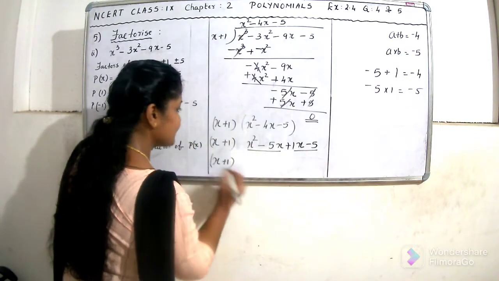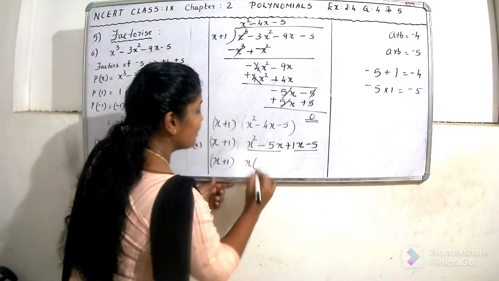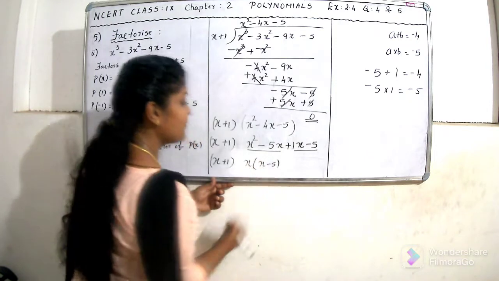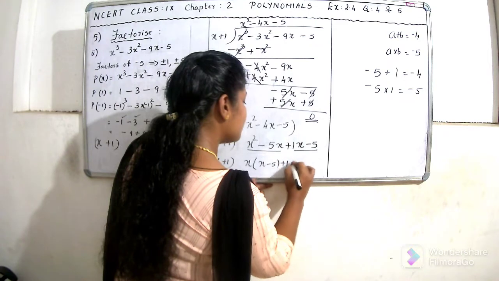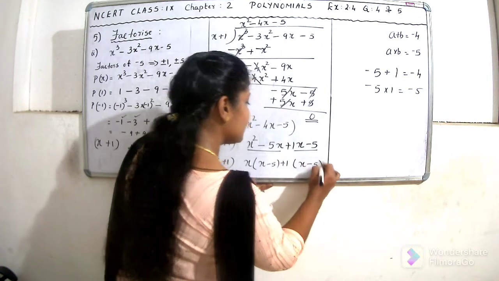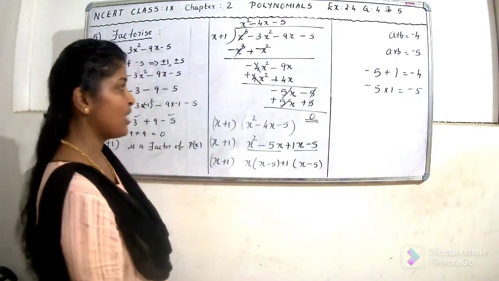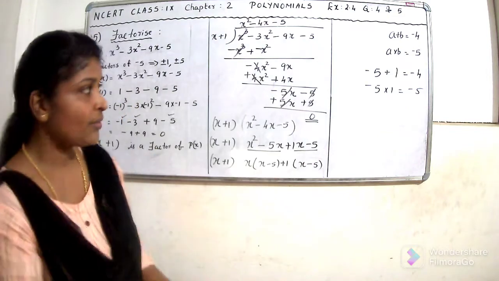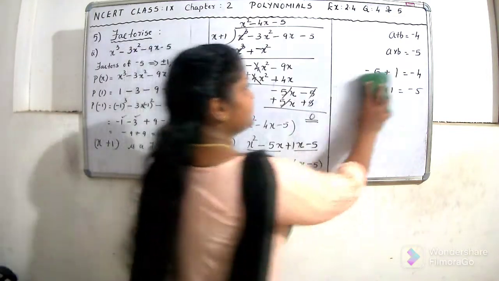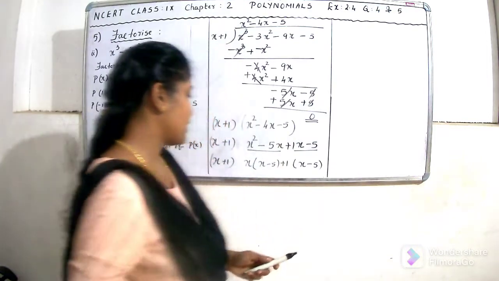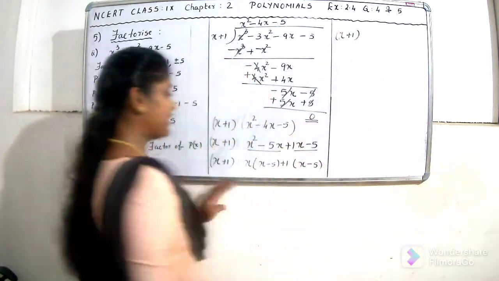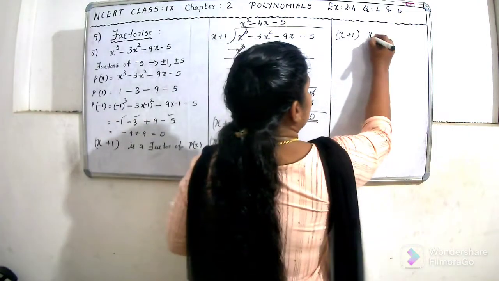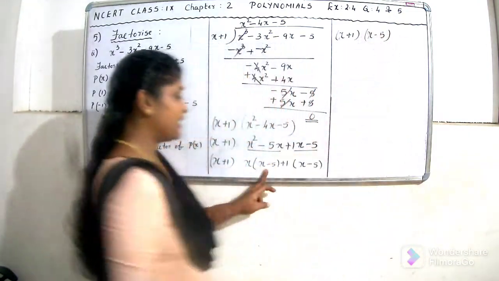Now grouping: the first factor as it is, taking the common outside, x minus 5. Here we will take positive 1 as outside, so x minus 5. Okay, now x plus 1 is a factor, x minus 5 is the second factor.